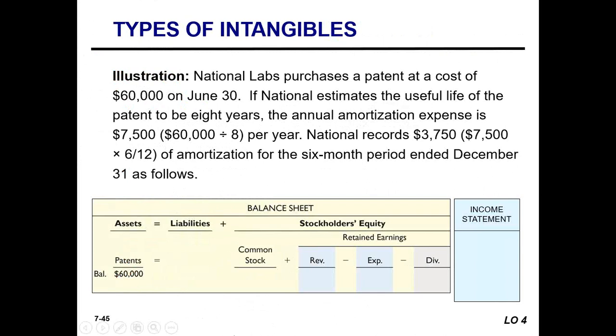National estimates the useful life to be 8 years, so we will take $60,000 divided by 8 to get our annual amortization. Amortization is always on a straight line basis. There is no salvage value, so it's simply the cost divided by the useful life.